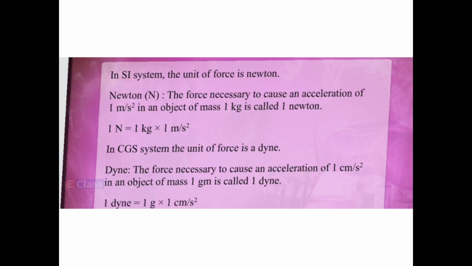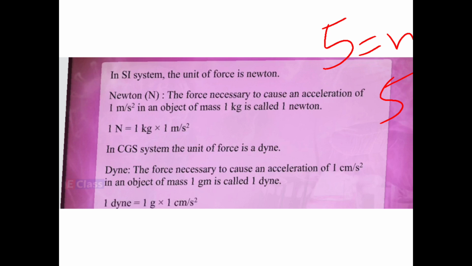There is another shortcut way. You like writing N, no? So the short way of writing newton is just one letter, capital N. So if a force is 5 newton, I can write it as 5N.